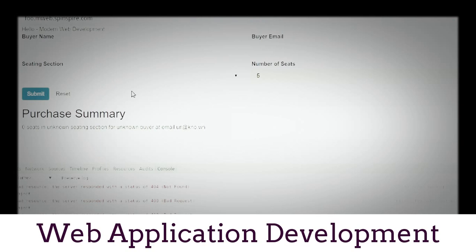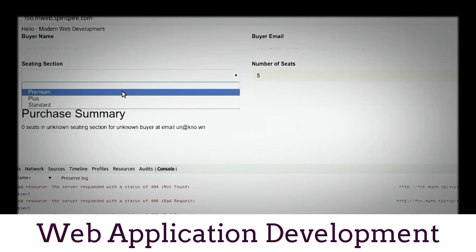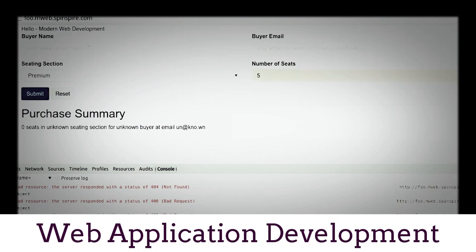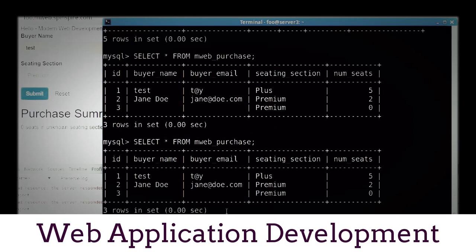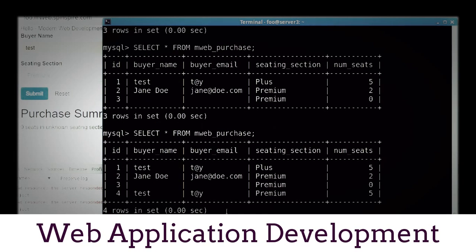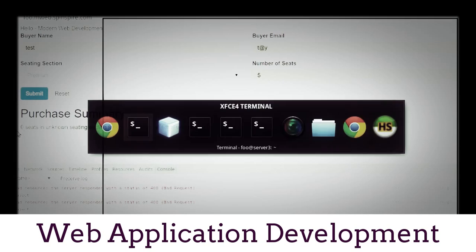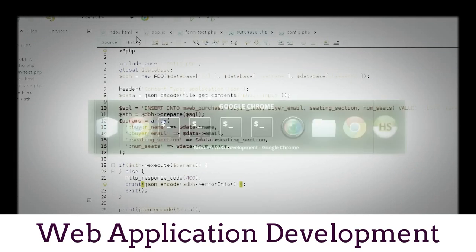Still no new insertions. If I put some value in here, premium, then I think it will. Oh, still a problem. Good. And if I give some value here, then no problem. That succeeded. Cool. So now we have a little bit of error handling.